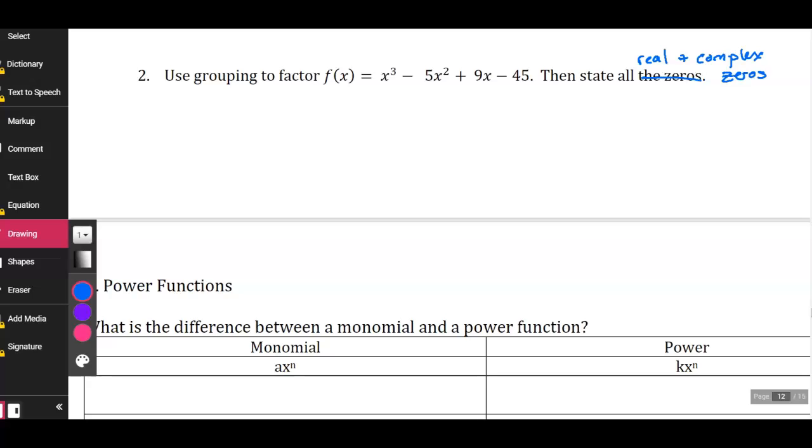Okay, so first things first, looking at this, they didn't give us any of the zeros. How should we start this one? Pretend you didn't see this. How did I tell you last class?